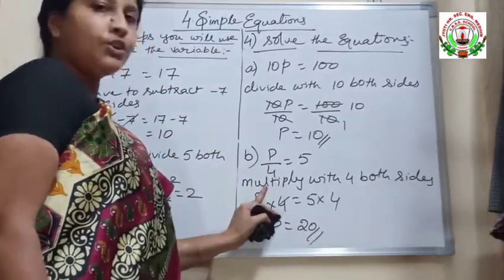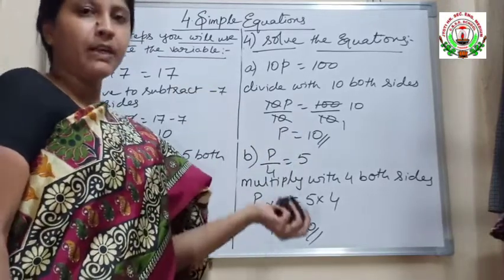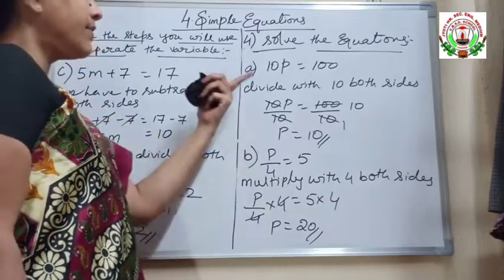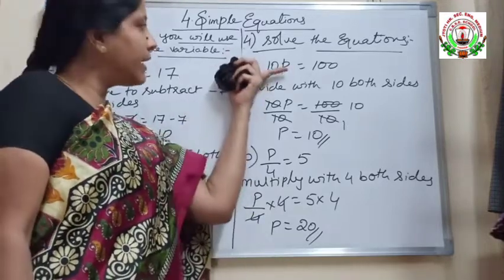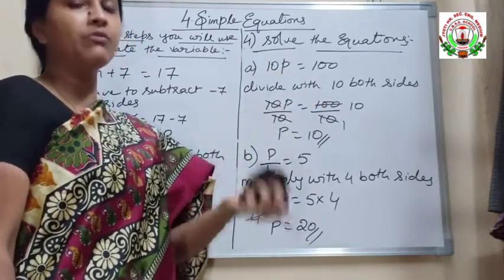Simple solutions only. Just you have to understand what to do, where you have to multiply, where you have to subtract, where you have to divide, and where you have to add. See, once again, when multiplication is given, you have to divide. When addition is given, you have to subtract.